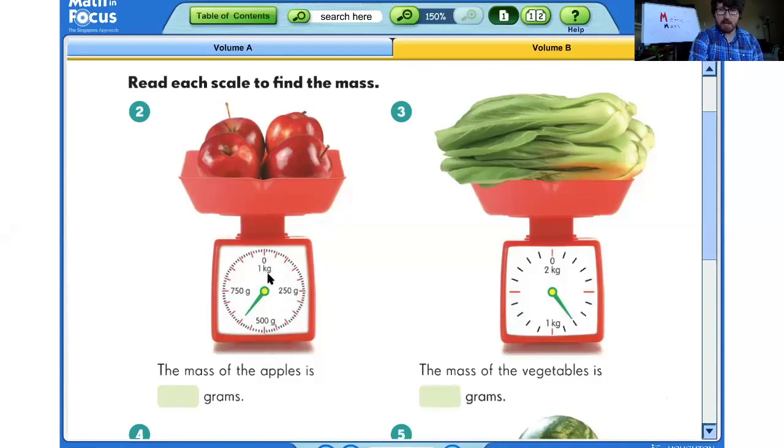Now it's a little tricky because right here it says kilograms, but if you look, when it goes all the way around, it's only reaching 1 kilogram, meaning that all of these are in grams. Now it's a little bit confusing, but we can look to this one to see 250 grams, 500 grams, 750 grams, and then 1,000 grams or 1 kilogram.